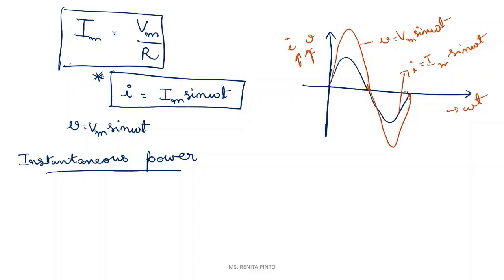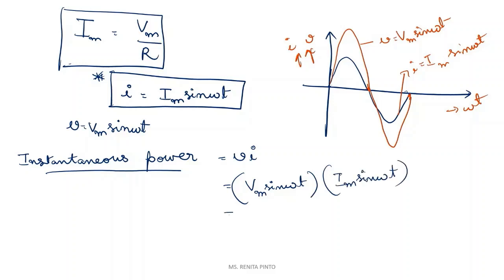Instantaneous power is equal to V into I. So V is nothing but Vm sine omega t into current Im sine omega t.